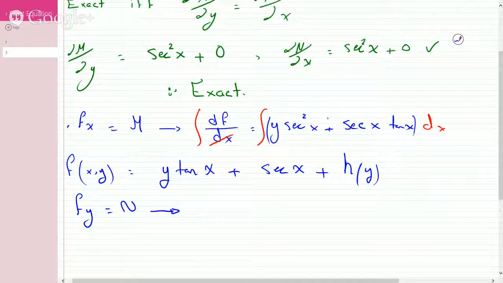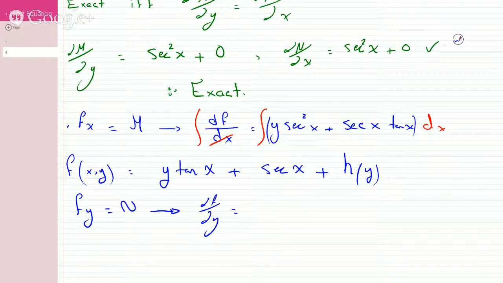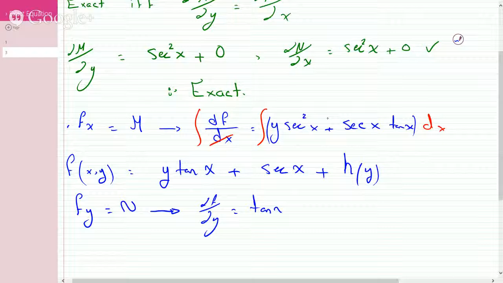So the partial of f with respect to y, I can differentiate the above expression. So the derivative of y tan x, I hold x constant and differentiate with respect to y. So we get tan x. The derivative of secant is 0. And this is just h prime of y.